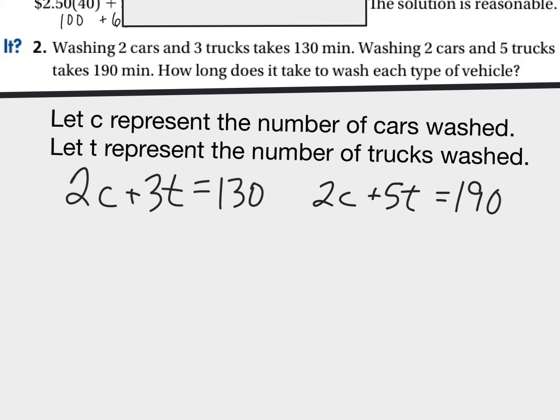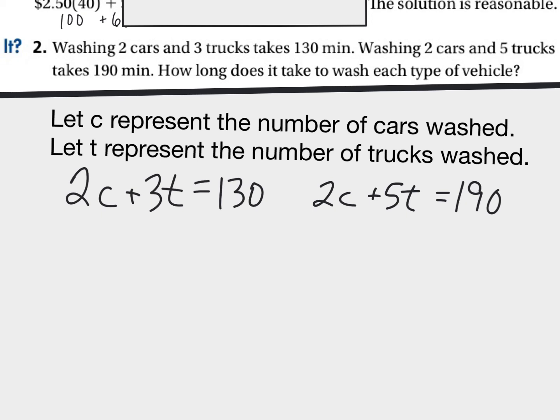Similar to the problem we just looked at, if you look at these, the c terms, our car terms, are both the same. They both have a 2c. We want them to be opposites so that when we add, they cancel out. So one of these equations we want to multiply by -1.